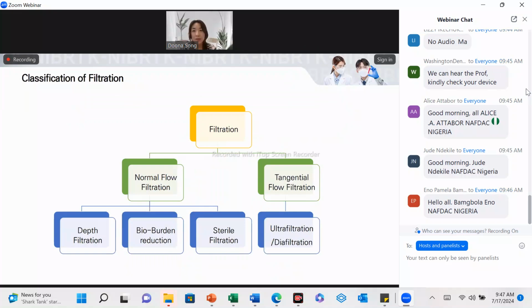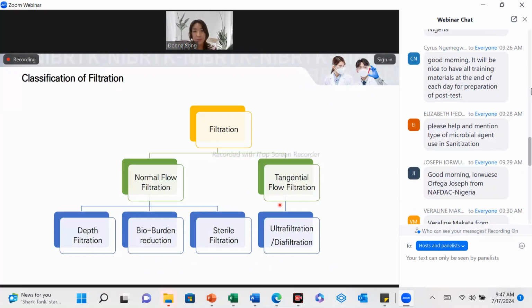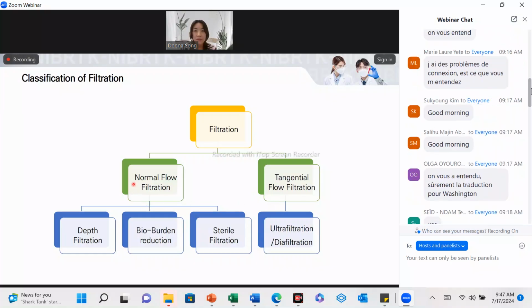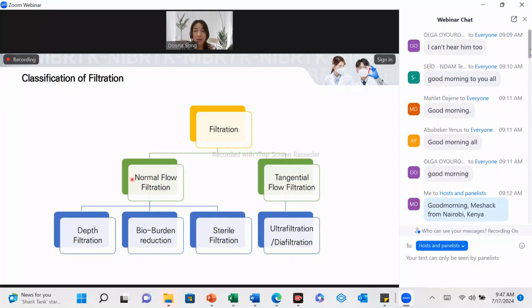Filtration can be classified in the following way. First, based on the operation method, there are NFF, normal flow filtration, and TFF, tangential flow filtration. Normal flow filtration can be further divided based on its purpose: depth filtration, bioburden reduction, and sterile filtration.